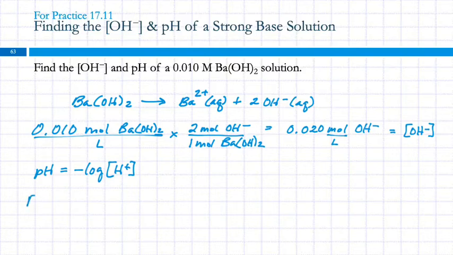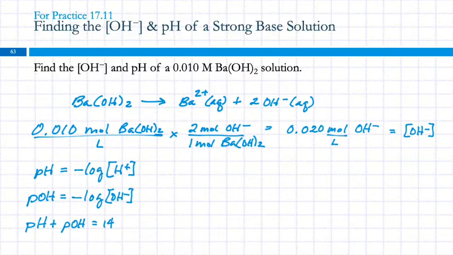I could calculate pOH, it's the negative log of the hydroxide ion concentration, because I have the hydroxide ion concentration. And then remembering that pH plus pOH equals 14, I can convert that to pH.